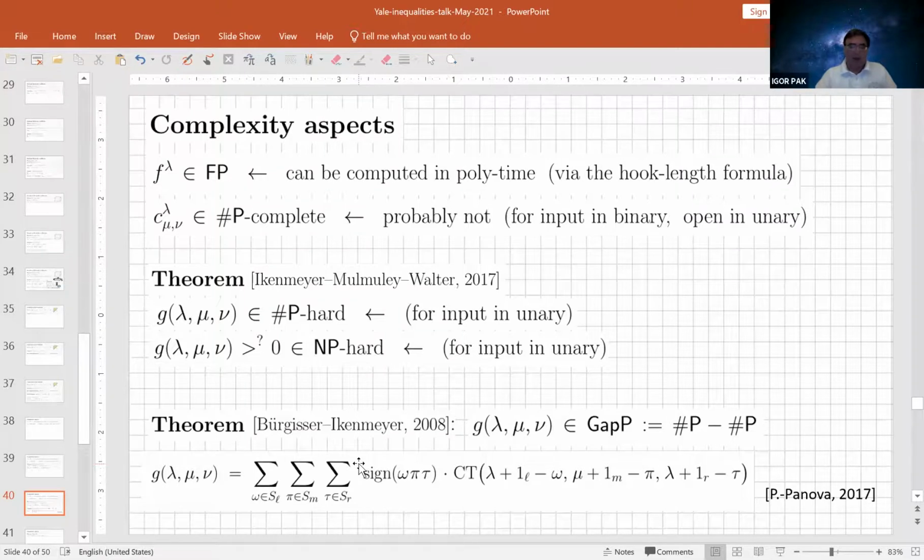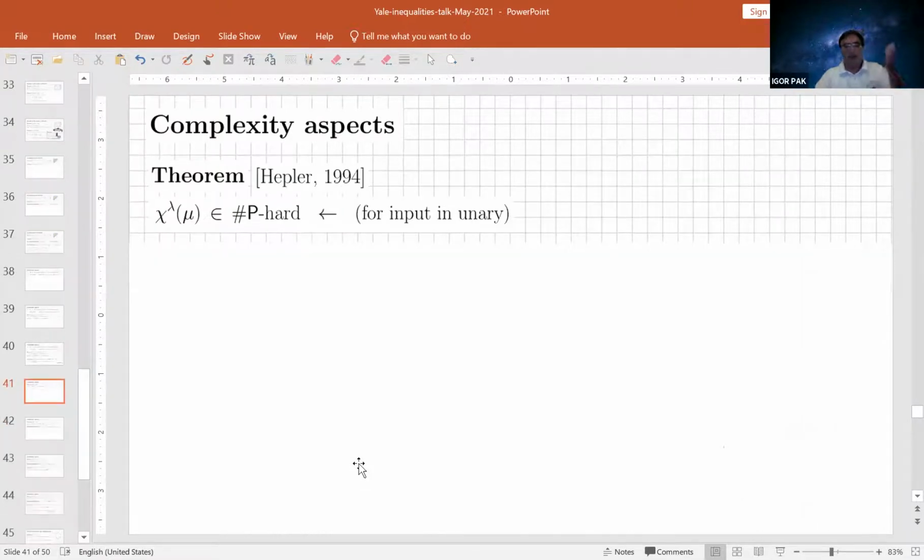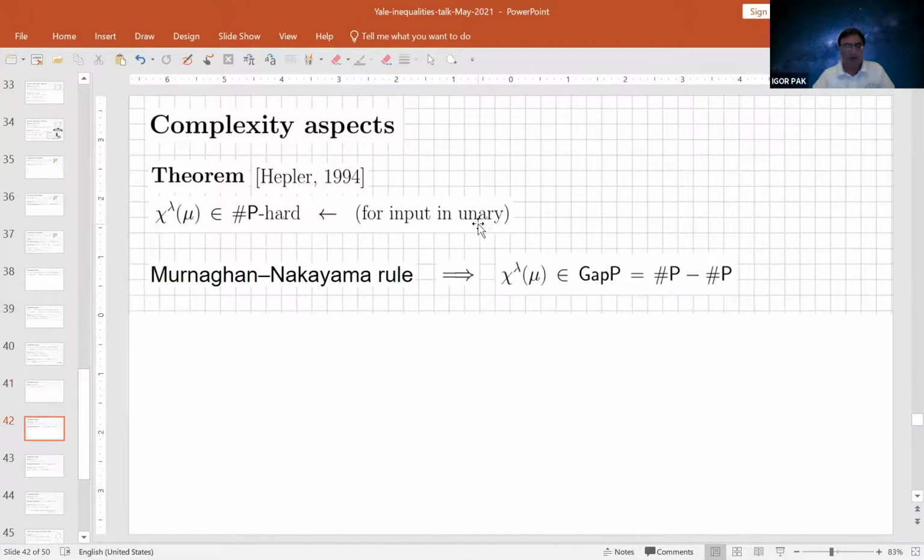And so naturally one can ask: are there any other questions, other than Kronecker coefficients, for which we know that something doesn't have a combinatorial interpretation? And that's something that I can tell you about. So the corresponding problem for characters of the symmetric group has been known to be #P-hard for a long time, even when the input is in unary.